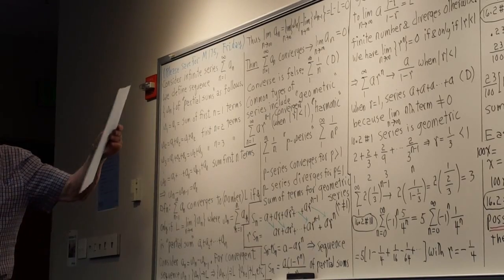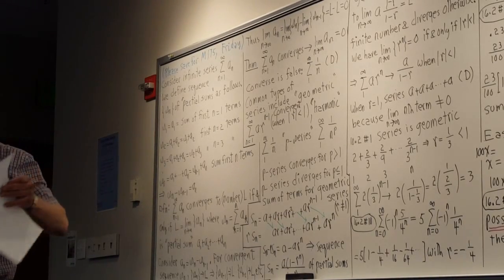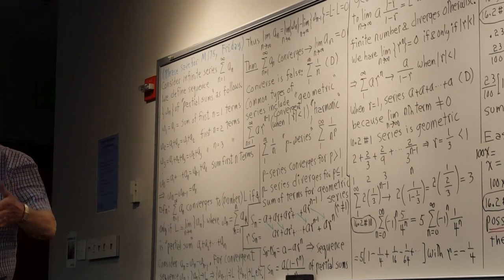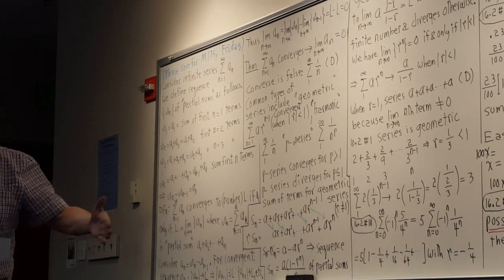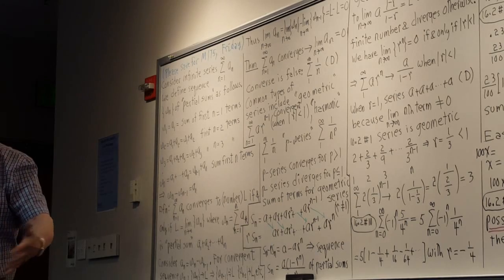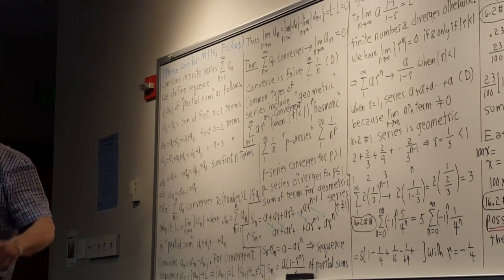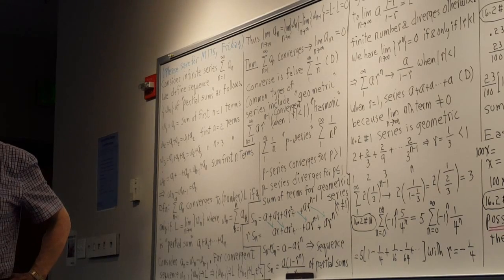What the book is doing that I've copied here is to list the tests more or less in the order in which you learn them as you go through chapter 10, or whatever chapter it was in the book that I've copied.